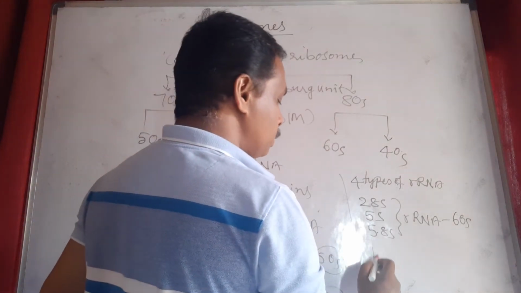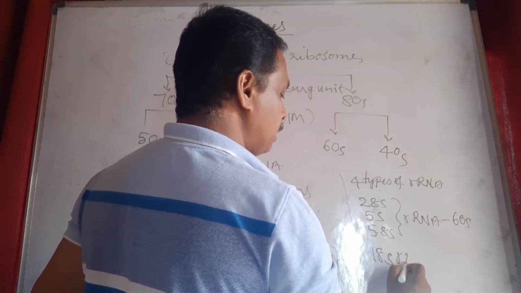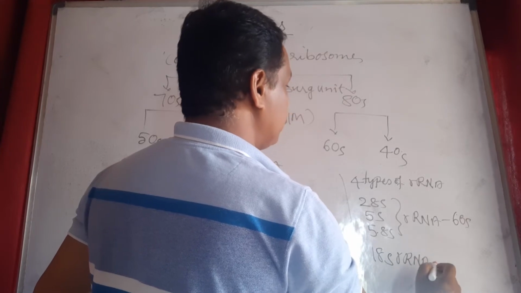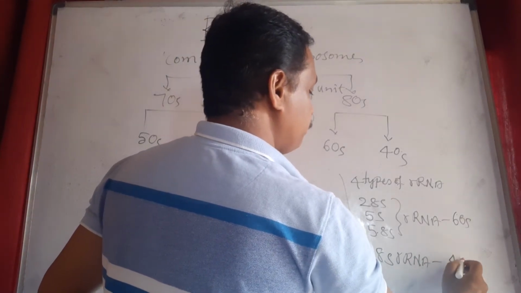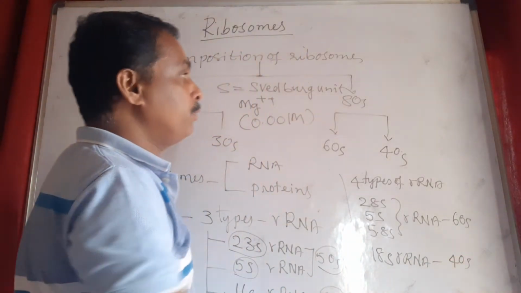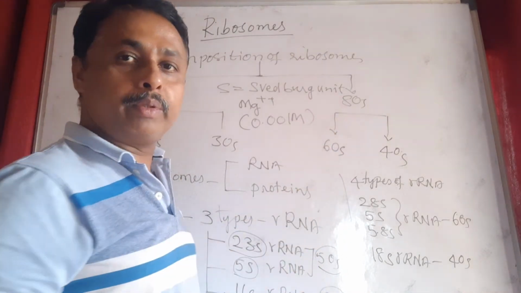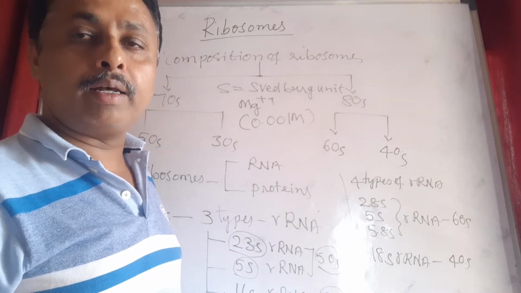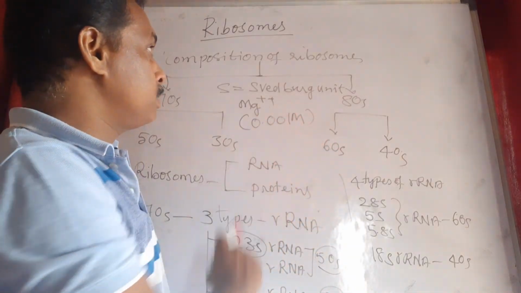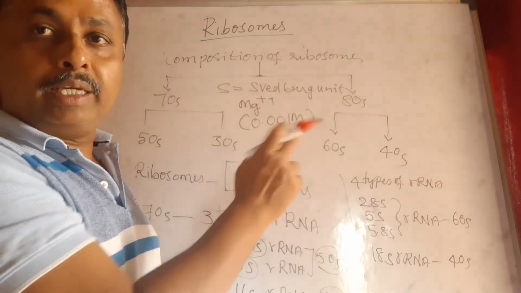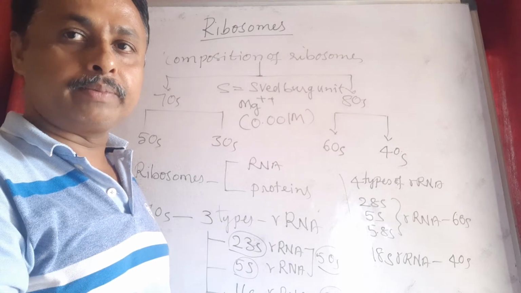And the last one, 18S rRNA, is in the 40S smaller subunit of 80S type. This is the chemical composition of rRNA, the chemical composition of each type of ribosome, right?